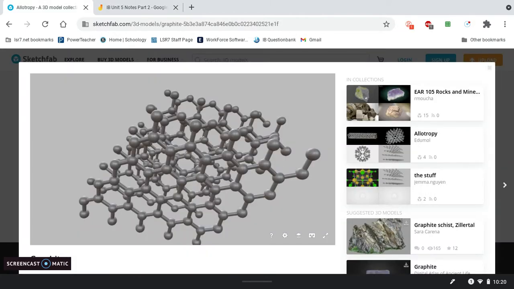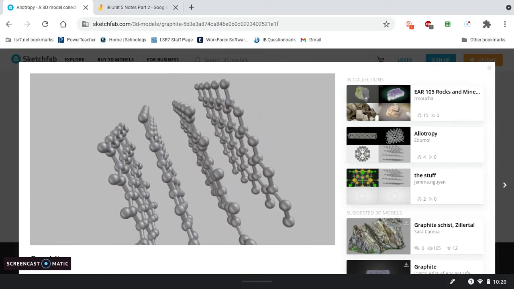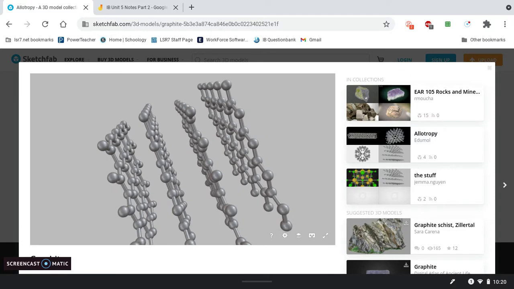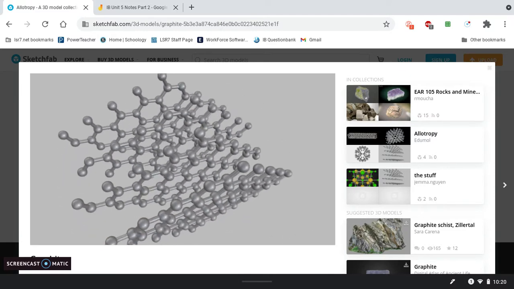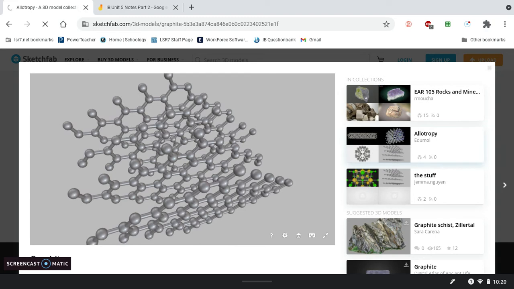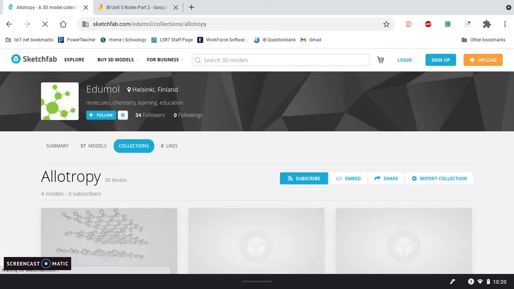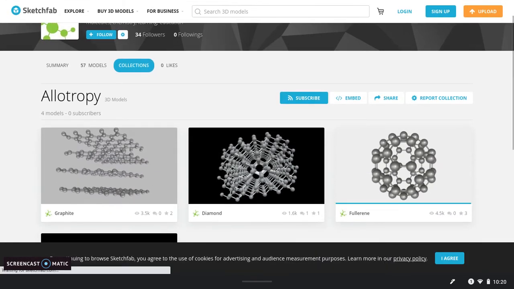I've got this model that I found on the internet, and it shows you this idea. Actually, that's the graphite one, so let me go back and show you the diamond one.